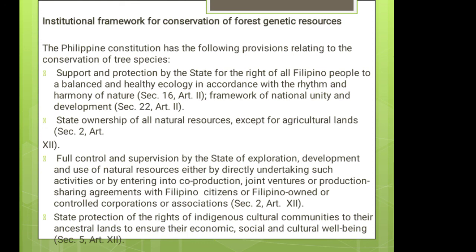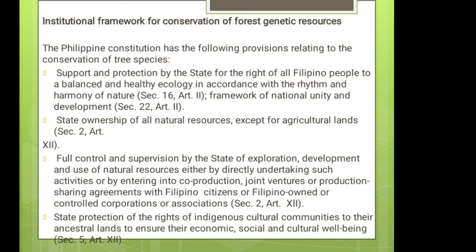Ang pinaka-main focus ng DENR ay pangalagaan ang forest resources sa ating bansa, at may mga schools at university naman na sinusuportahan ng DENR sa research at training, tulad ng Don Mariano Marcos State University, the Central Luzon University, the Central Mindanao University, at ang Visayas State College of Agriculture, at ang higit sa lahat, ang main contributor ay ang UPLB or University of the Philippines Los Baños.